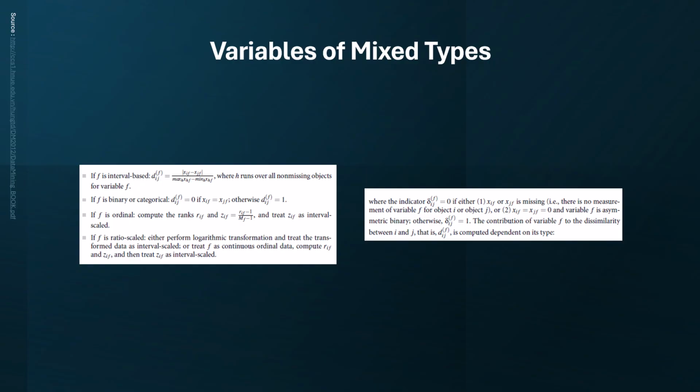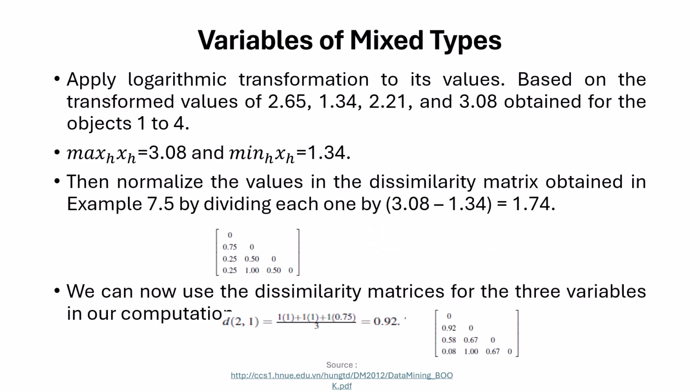The calculation of the distance between the different mixed data types, like interval scale, binary or categorical, or ordinal data, is shown on the screen. Apply the logarithmic transformation to its values, based on the transformed values of 2.65, 1.34, 2.21, and 3.08 obtained for objects 1 to 4.